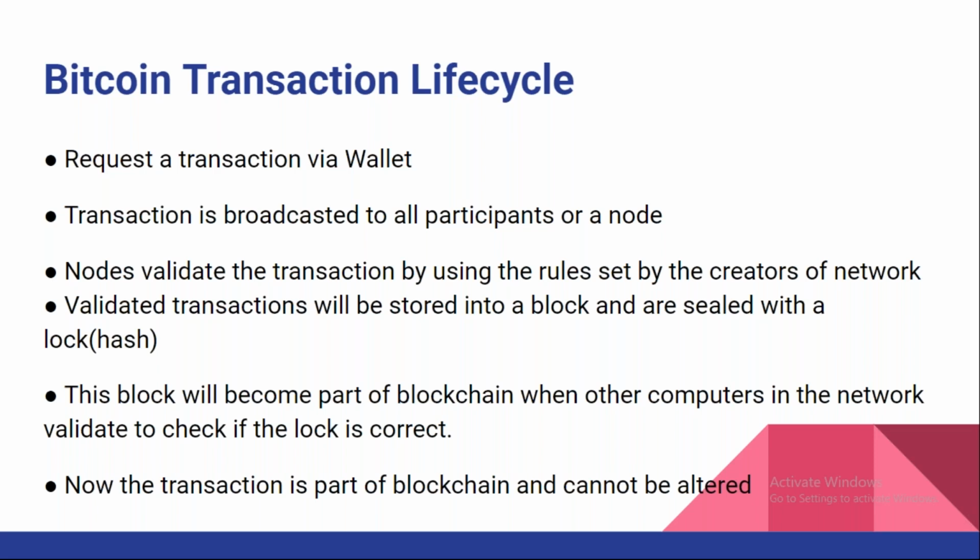Once it is broadcasted, it will be validated by the miners. They will check whether this particular transaction is valid or not. Once valid, all the valid transactions will be stored in a particular block.